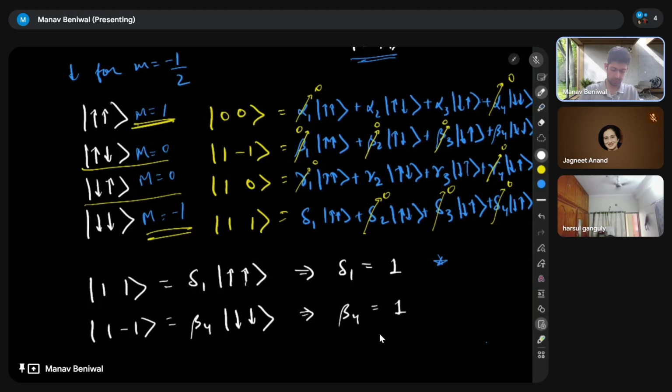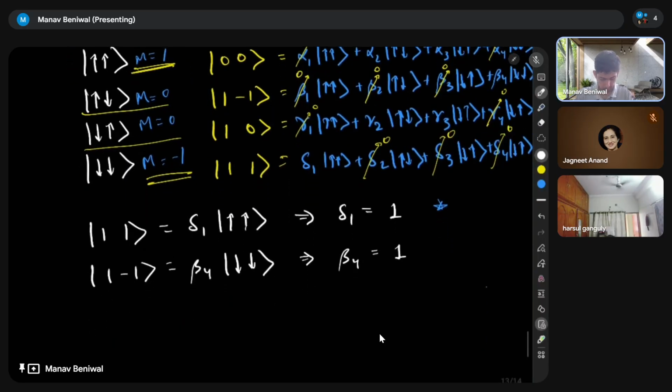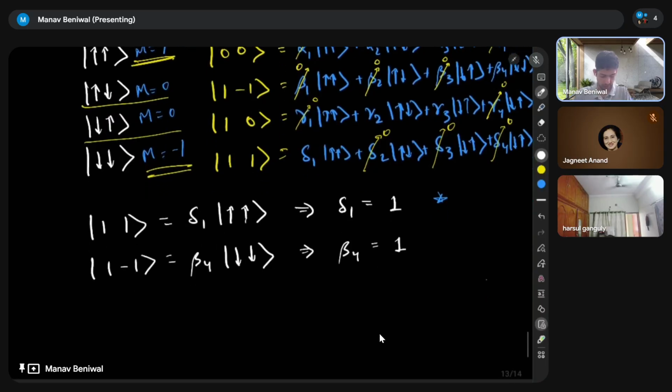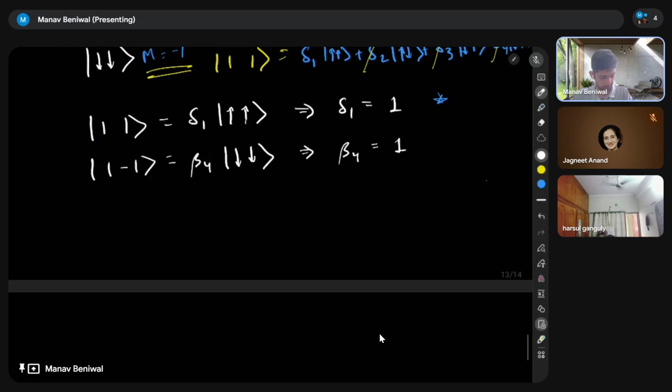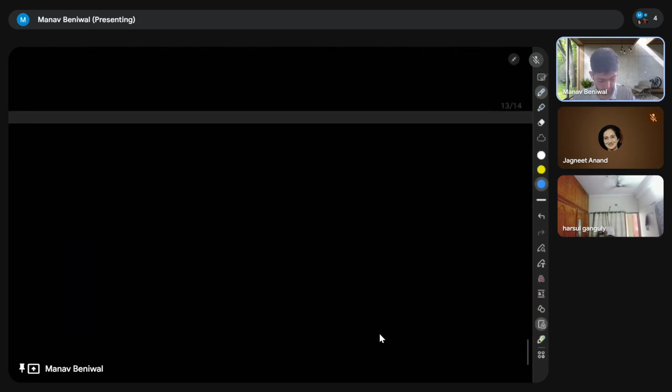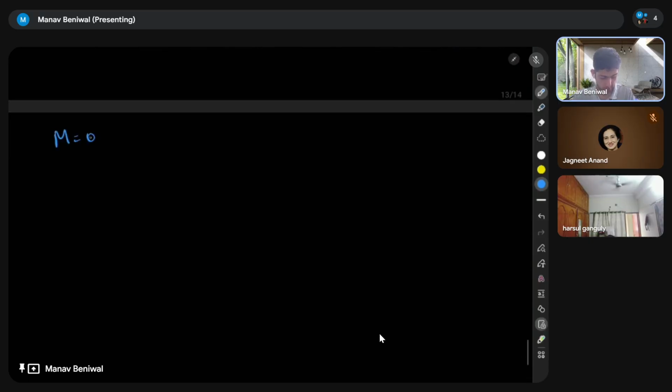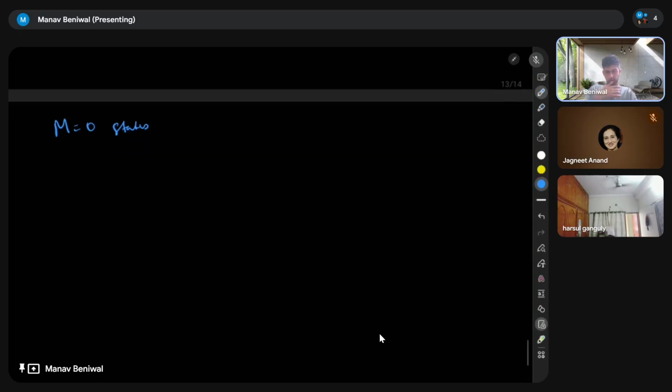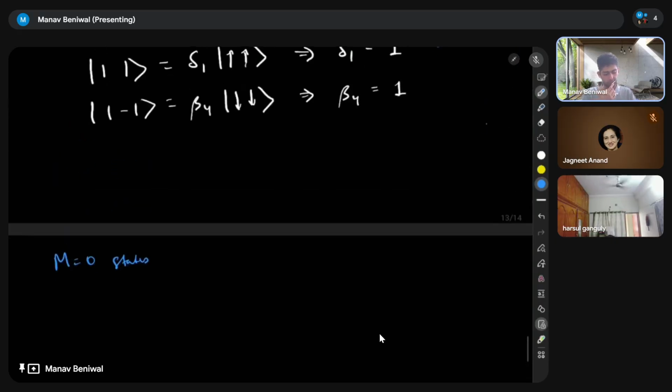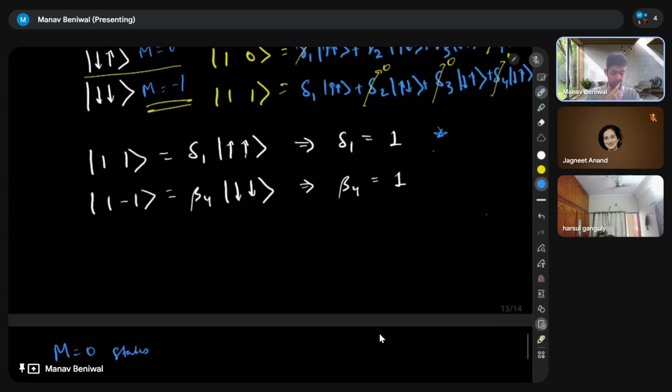Now let's look at alpha and gamma. For the m equals 0 states, we are now left with the m equals 0 states. So let's go to the next page. We have already found out the highest weight.